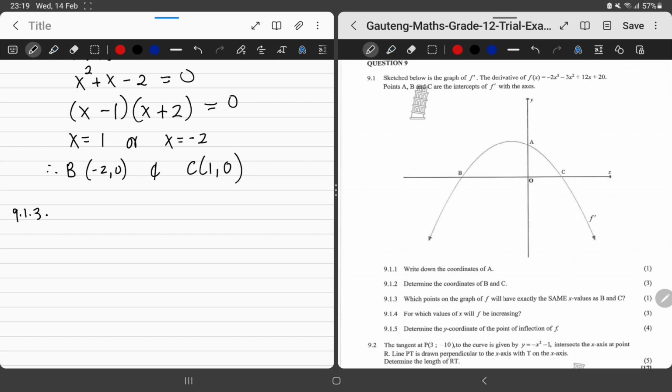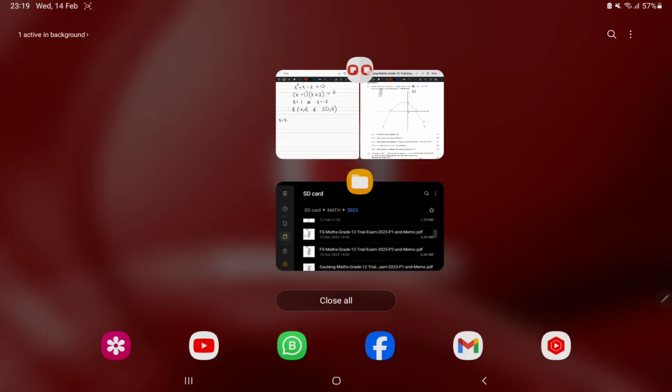9.1.3. Which points on the graph of f will have the same x value as B and C? Well, for the sketch of f, the value of a there is less than 0.